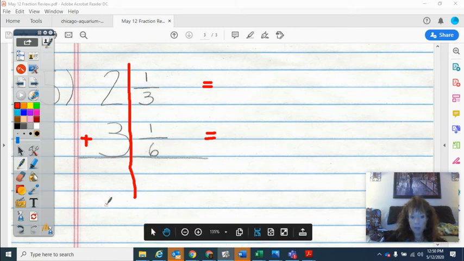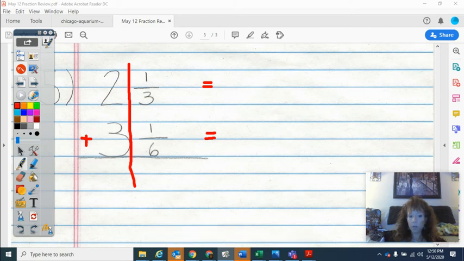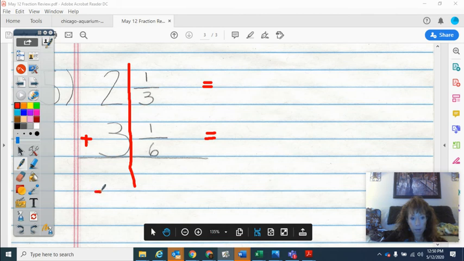Okay, I can list the multiples of 3 and the multiples of 6. But hopefully by now you're starting to get these without writing out all the steps, but I'm going to write them out anyway. My multiples of 3. 3 times 1, 3 times 2, 3 times 3, 3 times 4.